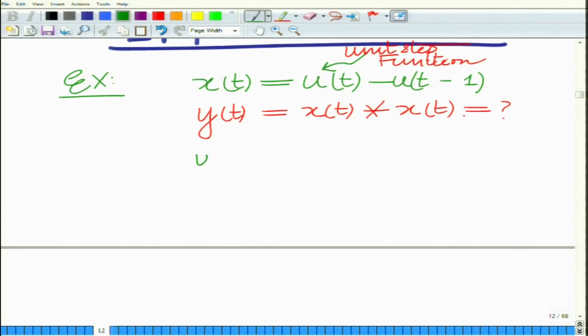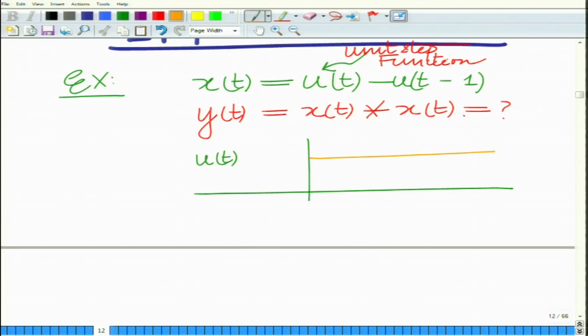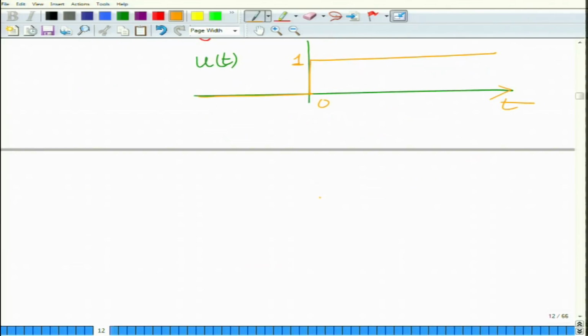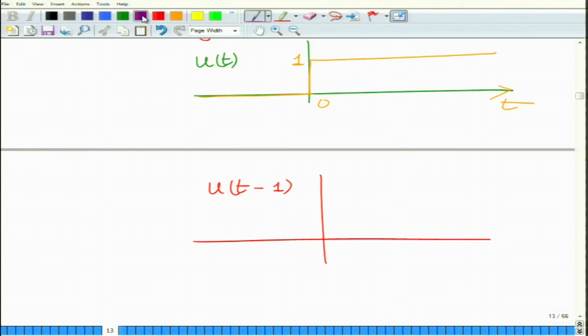Now, we know u t is the unit step function. This is given by 1, t is greater than or equal to 0 and 0 otherwise. This is the unit step function, which is equal to 1 if t is greater than or equal to 0 and 0 otherwise. Now, u t minus 1 is the unit step function delayed by 1.